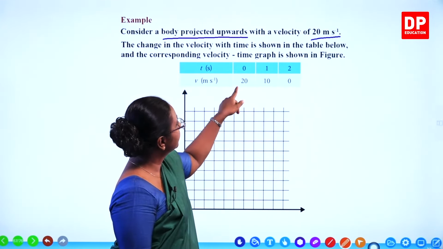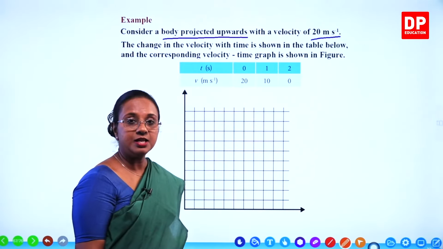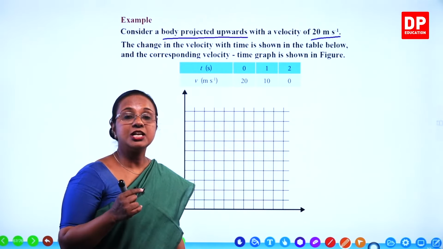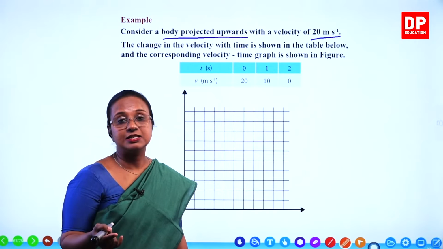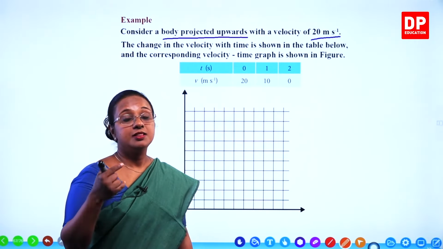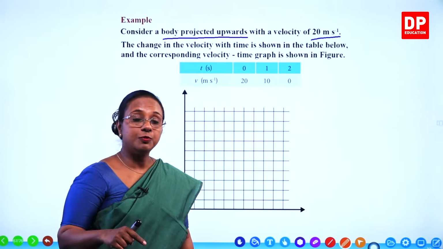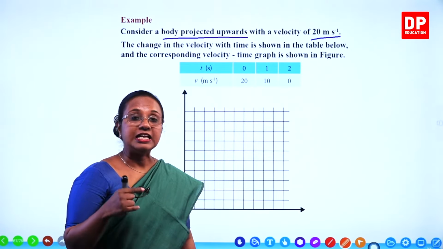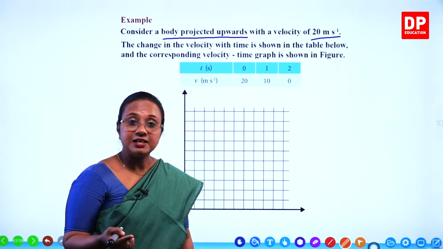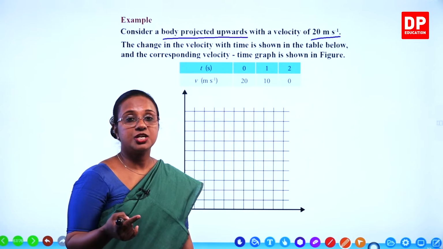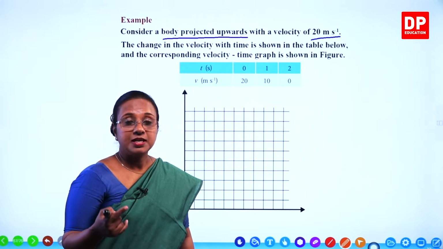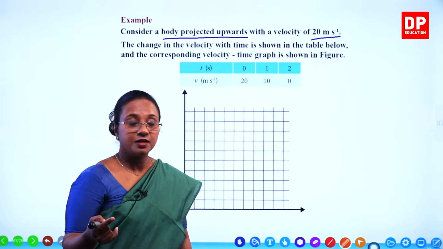Initially, the velocity was 20 meters per second. We take the gravitational acceleration as 10 meters per second squared. Therefore, when it is pulling the object down, it acts as a deceleration. So, the deceleration is 10 meters per second squared.